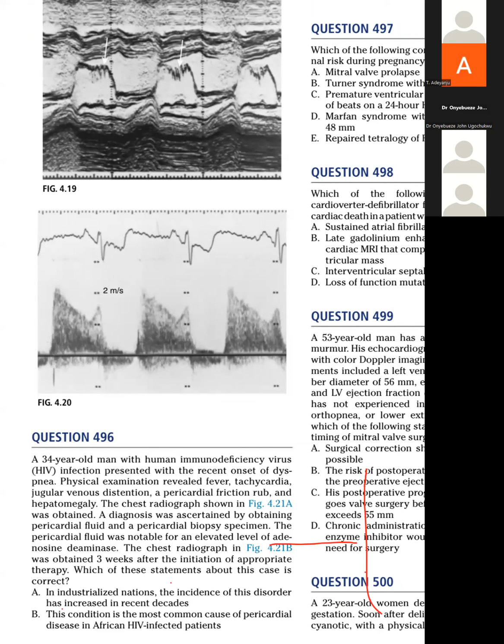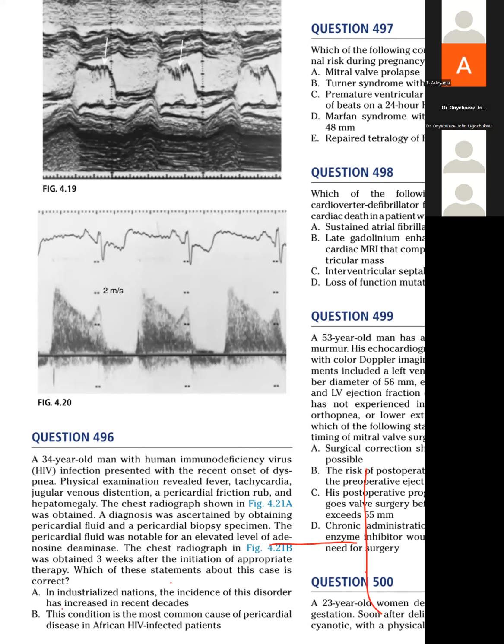This one is showing continuous wave Doppler across the mitral valve. First of all, the intensity of the Doppler signal tells you there is high velocity flow across the mitral valve, and the peak velocity is quoted as 2 meters per second.